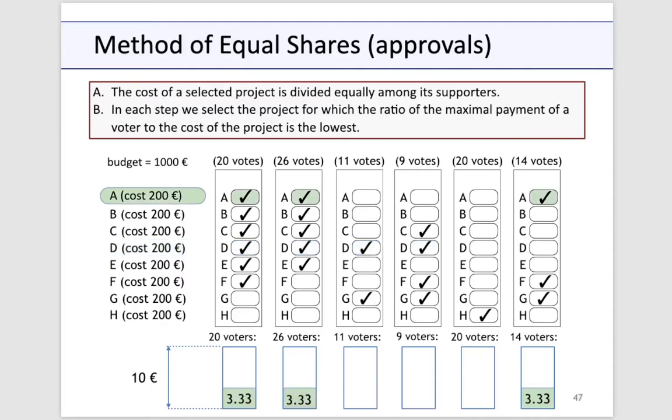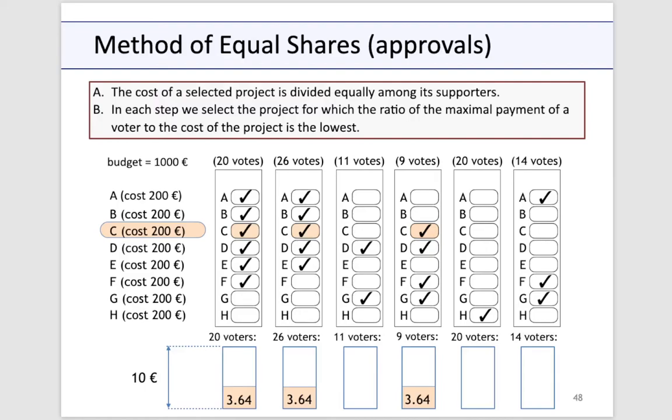On the other hand, if we selected project A, that was approved by 60 voters, then each voter would need to pay 3.3 euros for this project. Similarly, for project C, if we divided its cost among the voters who voted for this project, then each of them would need to pay 3.64 euros.